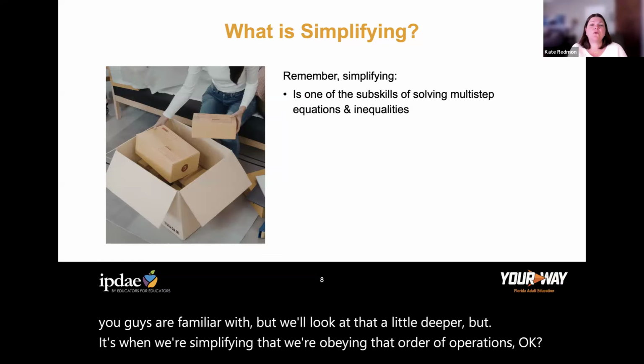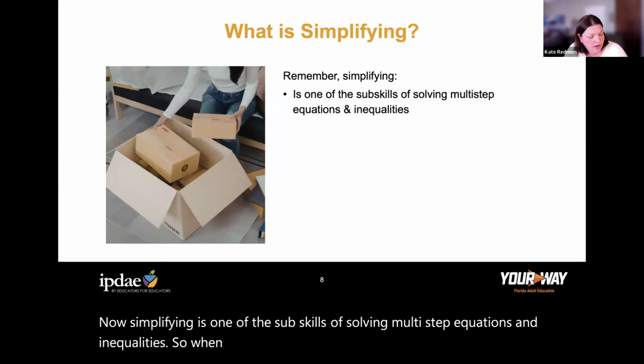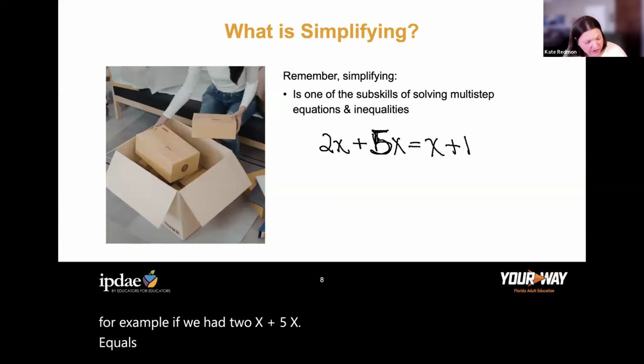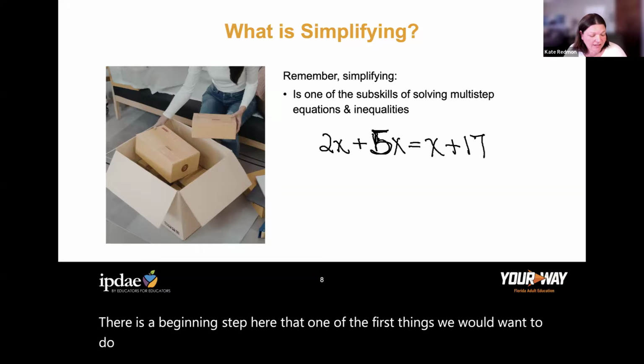Now, simplifying is one of the sub-skills of solving multi-step equations and inequalities. So when we're solving multi-step equations, for example, if we had 2x plus 5x equals x plus 17, there is a beginning step here: one of the first things we would want to do is simplify the left-hand side.